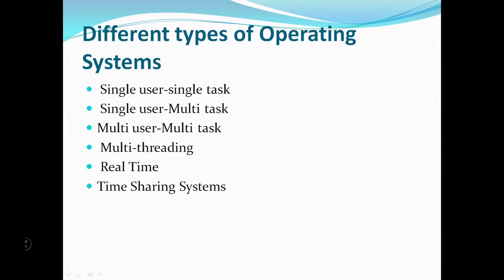Then we have a multi-threading operating system. Thread is a very smart concept. As I said before, when we are preparing a document, we are using software like MS Word. In that case, MS Word is a process. I told you that. In threading, we can divide that process into sub-processes. It's not exactly a sub-process, but we can consider it as a sub-process.